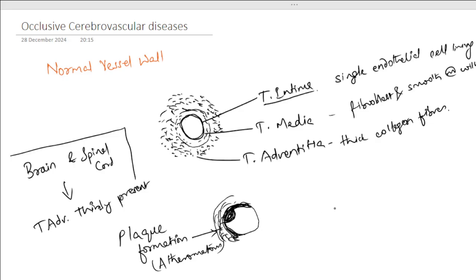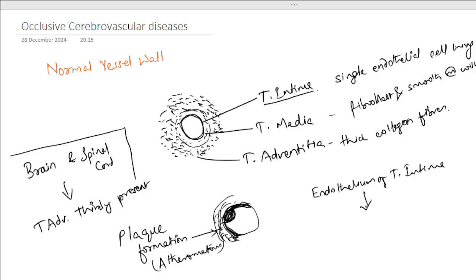Let us understand step by step. So first of all, the endothelium of tunica intima is damaged. This is the primary event.